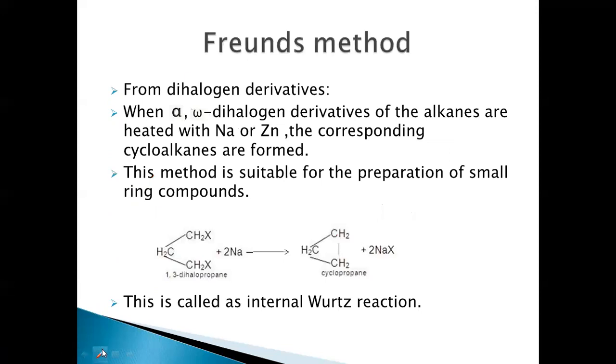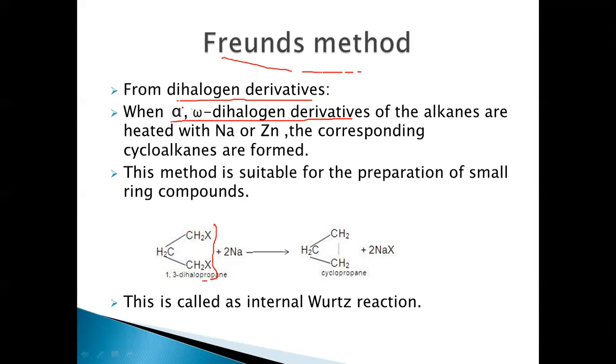See, the first one is the Freund method, where the starting material is the dihalogen derivatives. That means the halogen atoms are present at the two ends of the molecule, that is, the terminal ends. These are nothing but alpha, omega dihalogen derivatives.